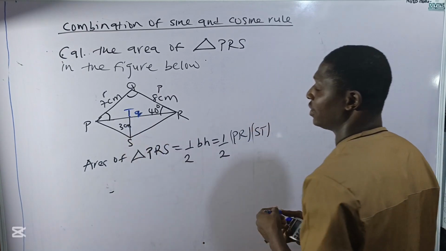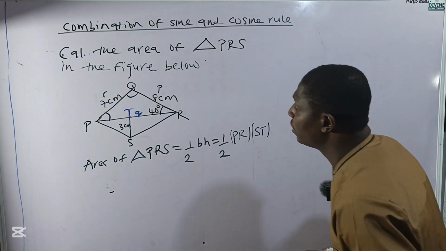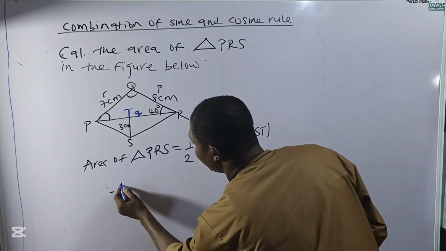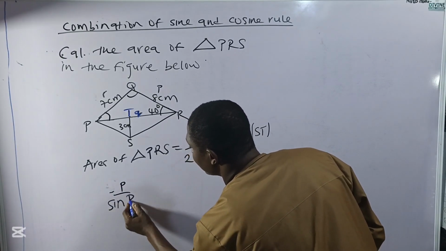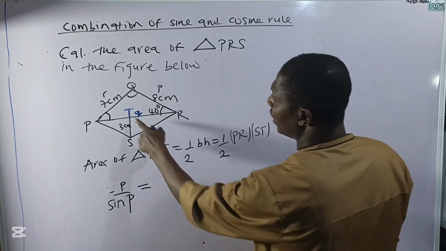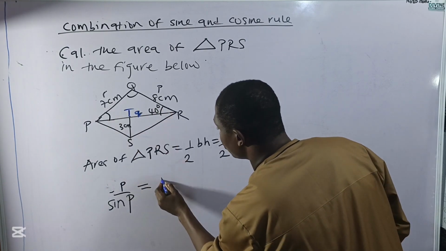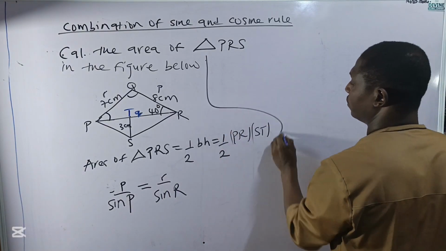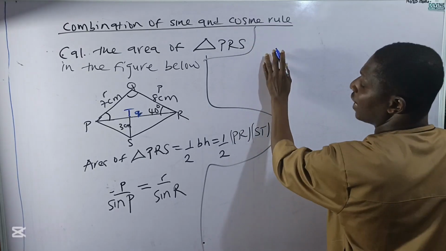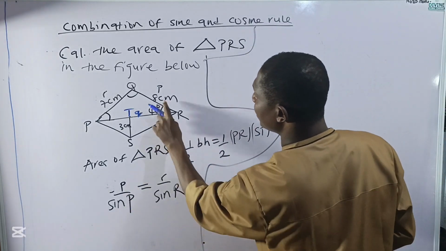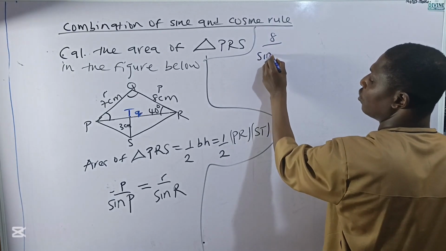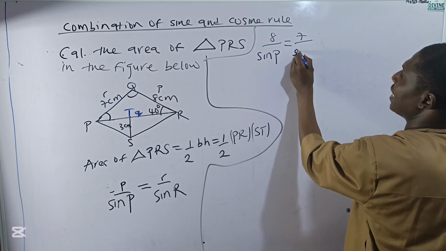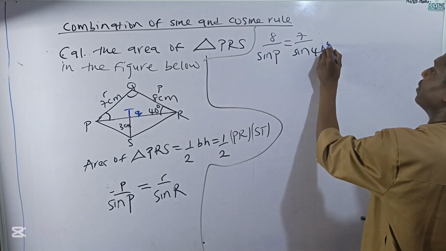because ST is given as 3 centimeters already. Now, for the area of the triangle, I want to get my PQ. I can say small p over sine capital P will be equal to a known side and a known angle, small r over sine capital R. Now, I will have p is 8, so 8 over sine of capital P I'm looking for, equals r is 7 over sine capital R, which is 40 degrees.